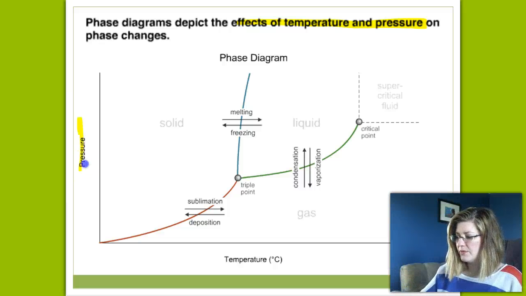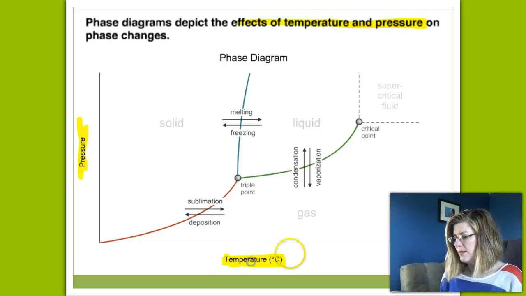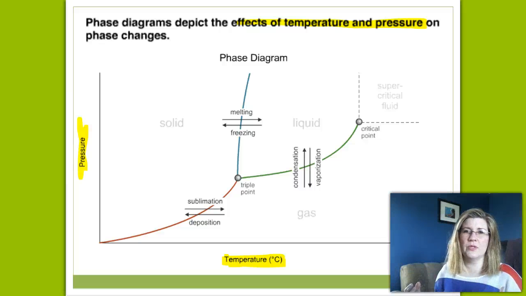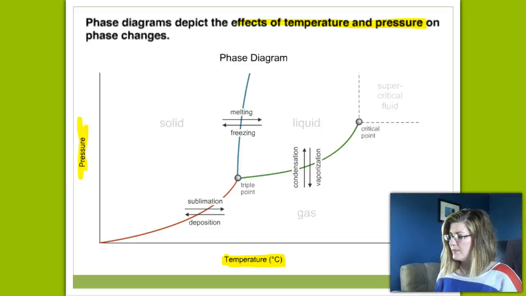Take note that the y-axis is always pressure, always. The x-axis is always temperature, and here we have degrees C, primarily because we understand degrees C, whereas we don't grasp Kelvin. We don't use Kelvin in our daily life. We don't grasp it quite as easily.